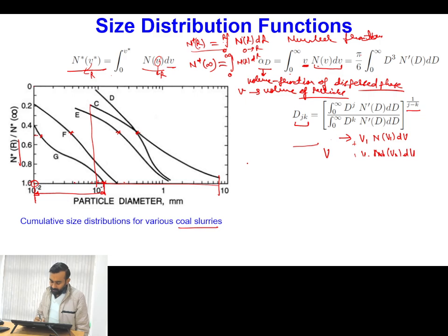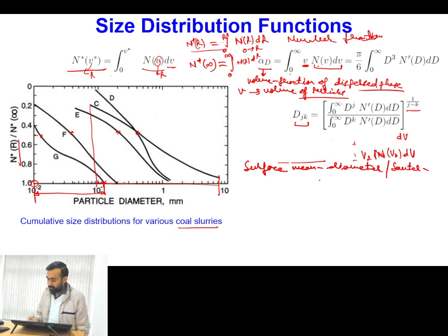For example, if you have to calculate the surface mean diameter, which is also called the Sauter mean diameter, then you will take j equal to 3 and k equal to 2.